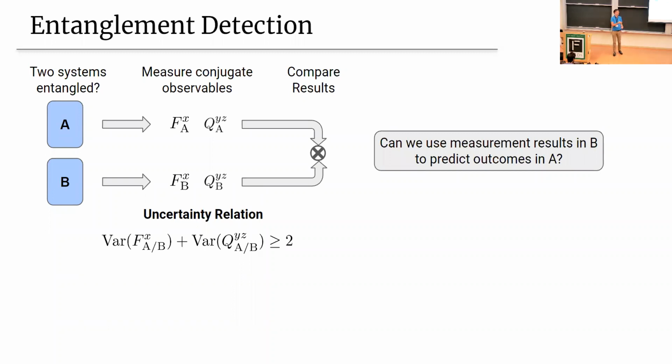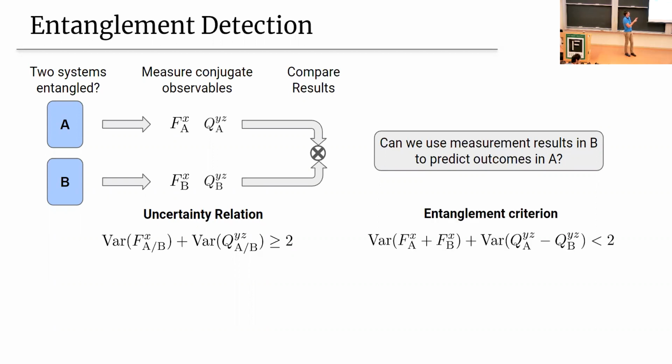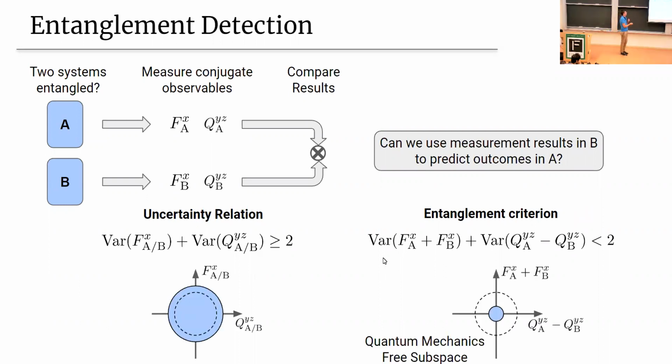To detect entanglement, the question you ask is, how well can you use the measurement result, for example in system B, to predict the results in system A? Quantum mechanically, if you add this F operator and subtract these Q operators, then the commutator cancels out. So in principle you can measure this with arbitrary precision, but you need entanglement for that. If you show in your measurement result that the sum of these two variances is smaller than the local uncertainty relations, then you have shown entanglement.